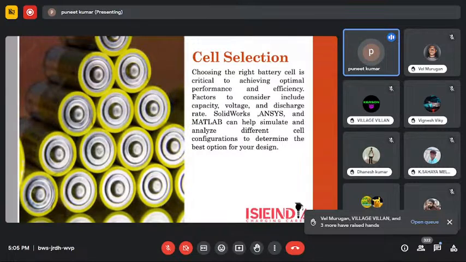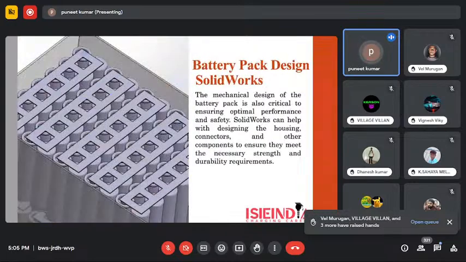So there are various things in this. We will be exploring them. So for the first part, the battery pack design. You can see in this image, these all are cells, right? And these cells are put in a pattern.